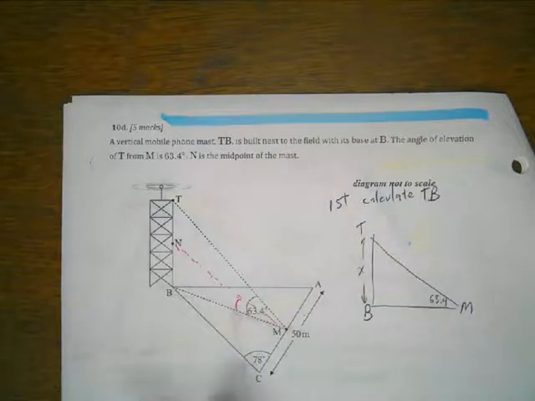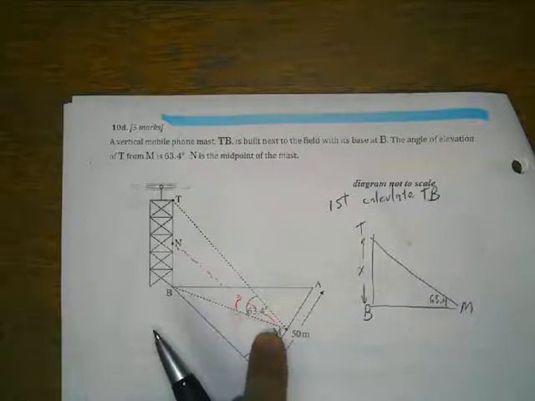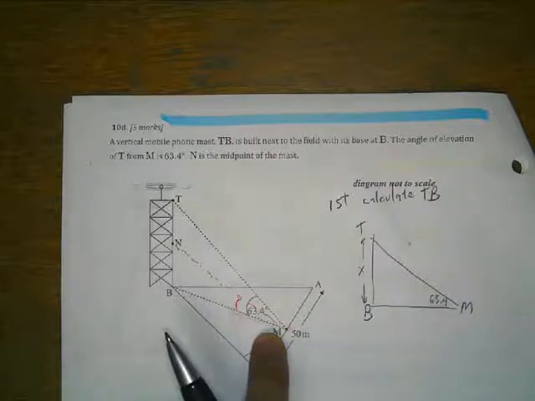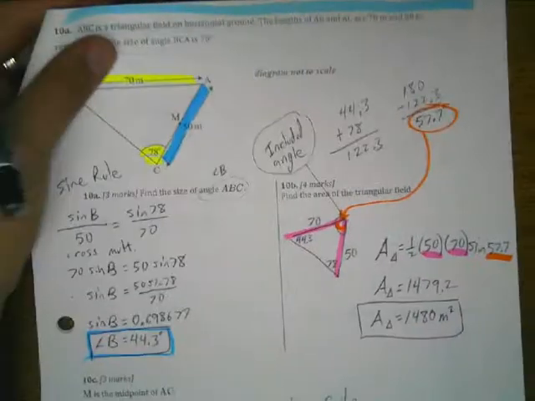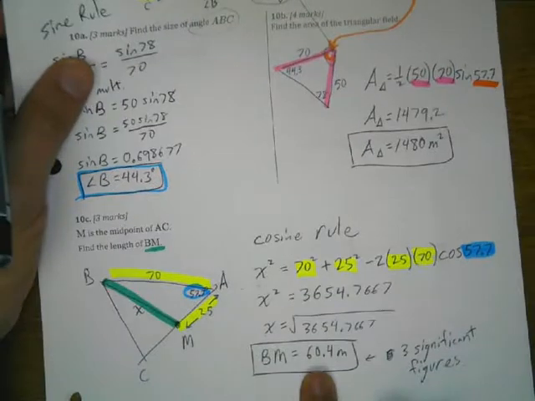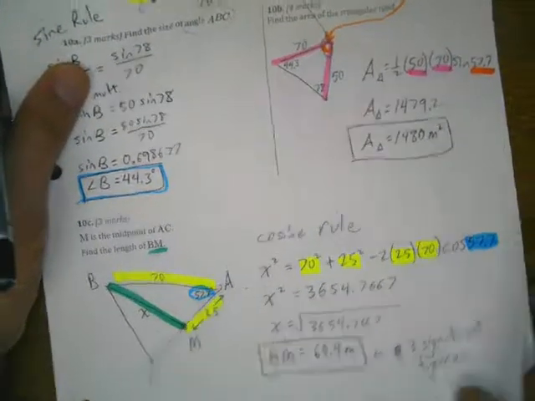And this length from here to here, we take from the previous page. On the previous page we said that from B to M is 60.4.